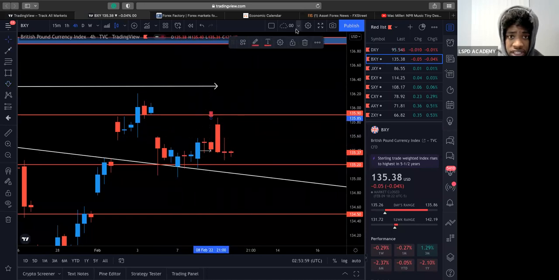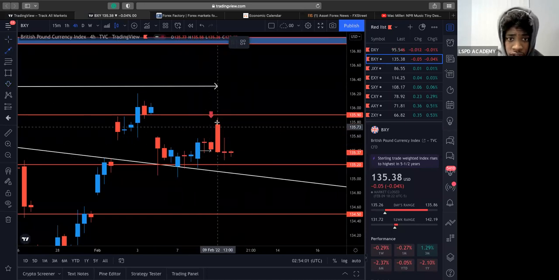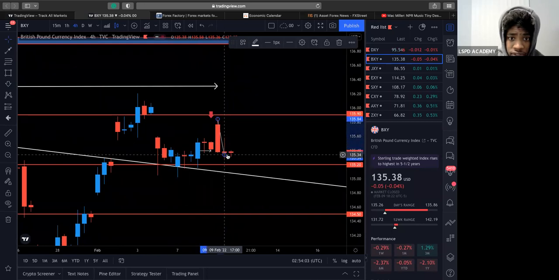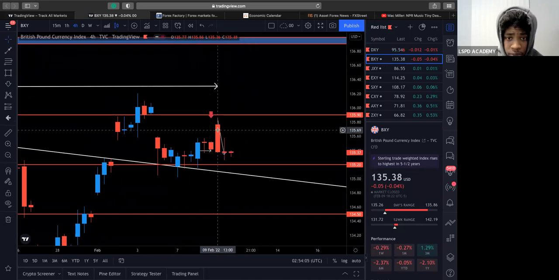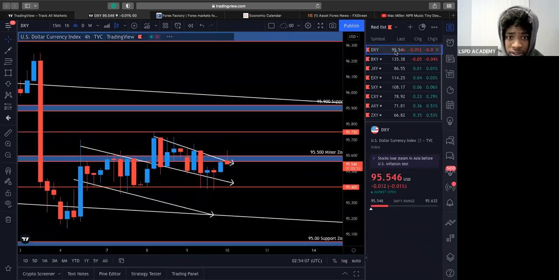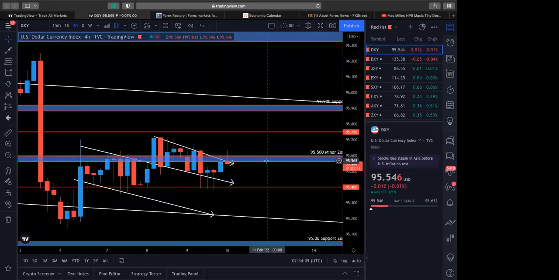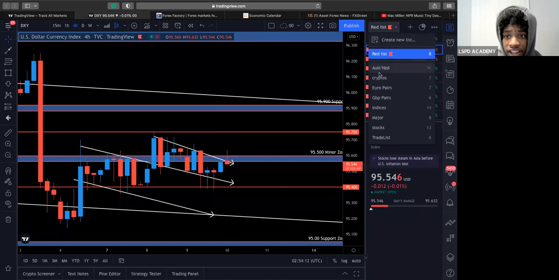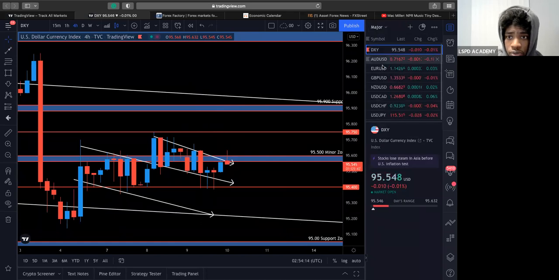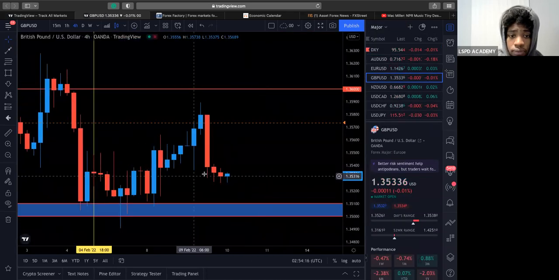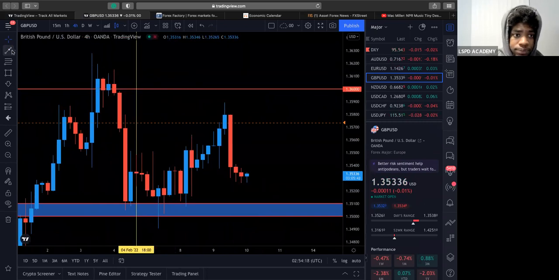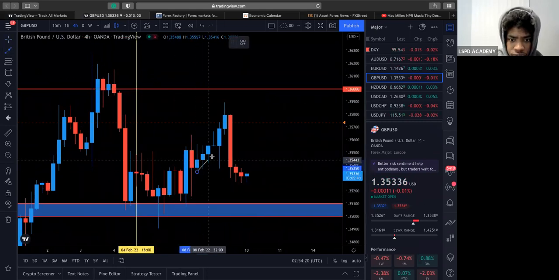And so what price did is it dropped back to this level here. So since the British pound dropped in value, and the US dollar was just moving kind of stagnant, what that caused was for GU to have enough wiggle room to be able to move up. All right, and that was this move up today.